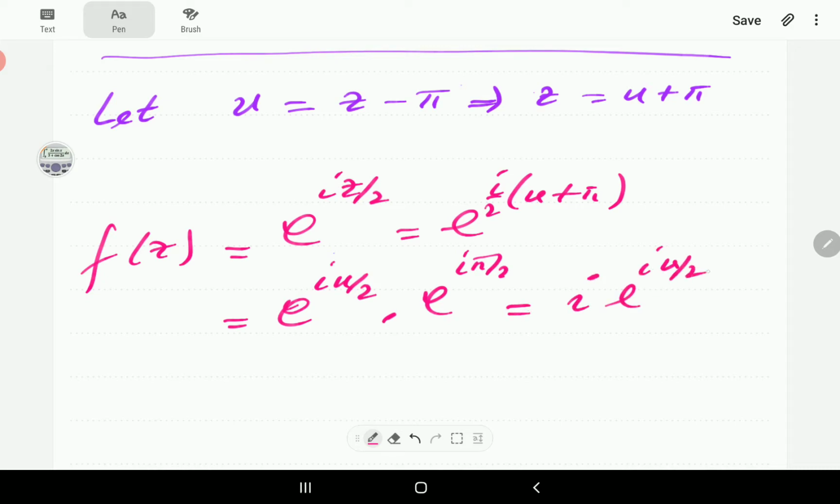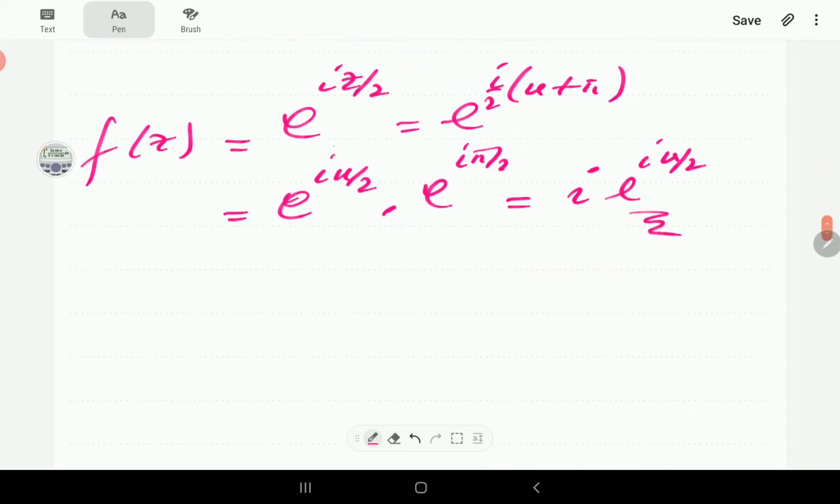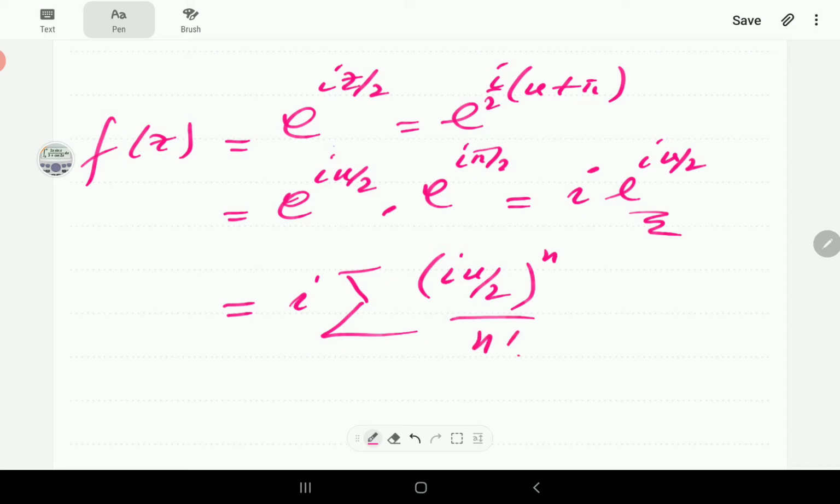And so now this is just going to be the Taylor expansion of e about the origin, because when u equals 0, then z is equal to pi. So this is going to be i into the summation of iu over 2 to the power n all over n factorial.